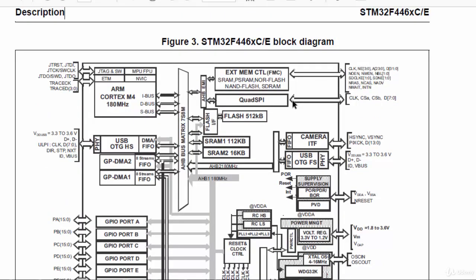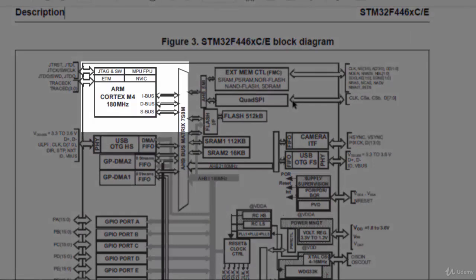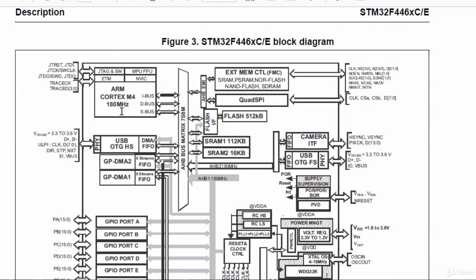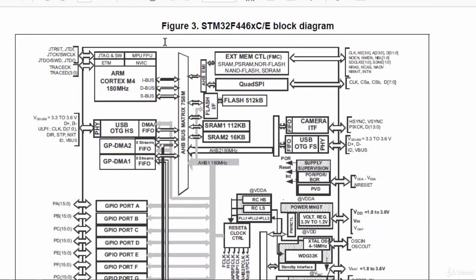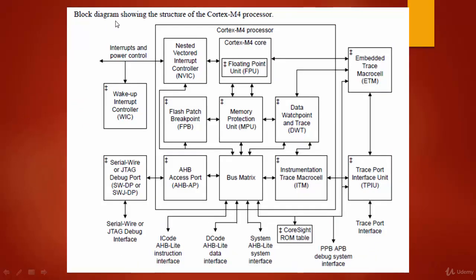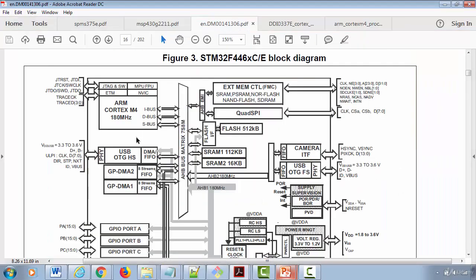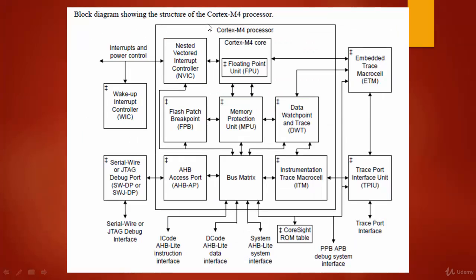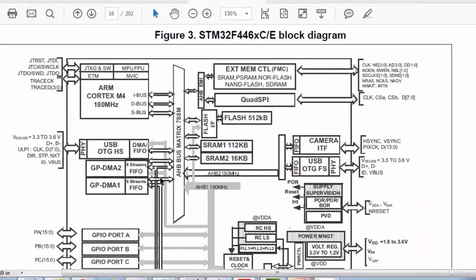The heart of this microcontroller is a CPU, which is nothing but the ARM Cortex-M4. This unit is actually taken from ARM, and the rest is all implemented by ST. If you go back to your block diagram of the Cortex-M4 processor, this whole engine is nothing but this one. This Cortex-M4 processor, as I said, talks to the external world using its 3 bus interfaces, that is, the I-code, D-code and system bus interfaces that you can see here.